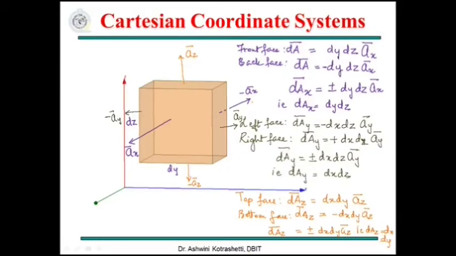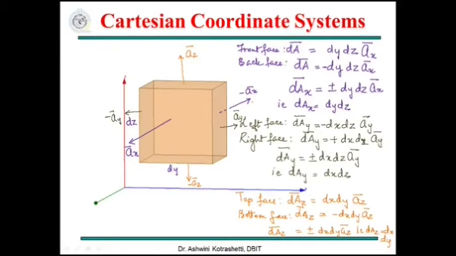Okay. Now, having understood the area in its magnitude and also its vector form, it's now time for us to define the differential volume. We have defined the point which is defined by x, y, z, unit vectors given by ax bar, ay bar and az bar, differential lengths given by dx, dy and dz, and the areas are in front of you.